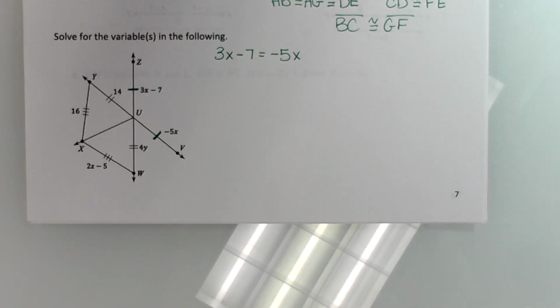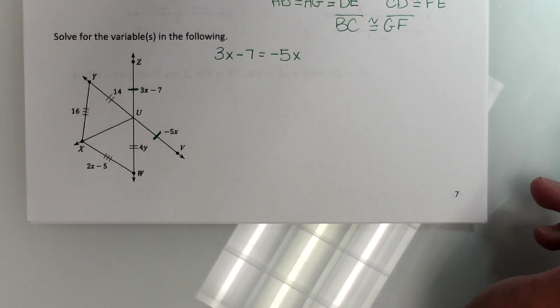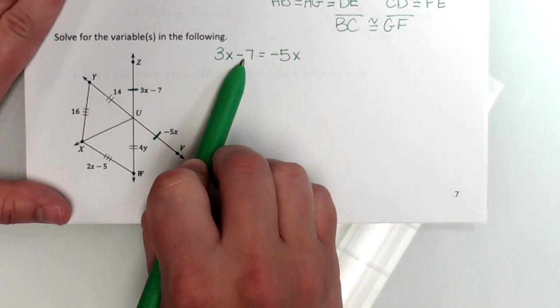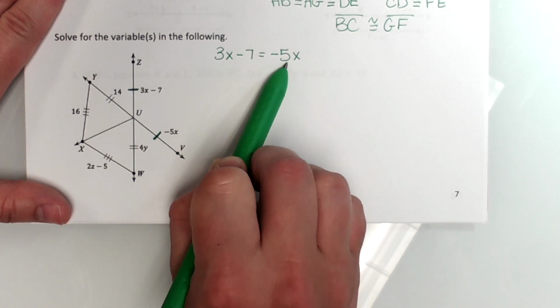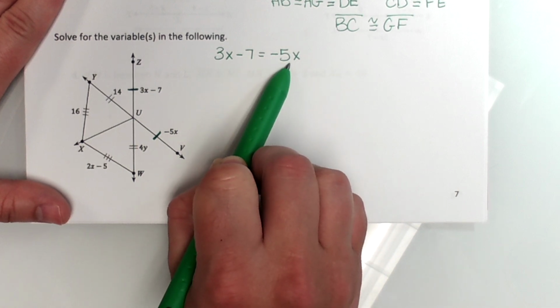Now the question asks us to solve for the variables, which are the letters. Figure out what x is equal to. I want to get x alone. When I have 3x minus 7 equal to negative 5x, how do I solve? Add 7. Now that is an option. Can I add it to the negative 5x?